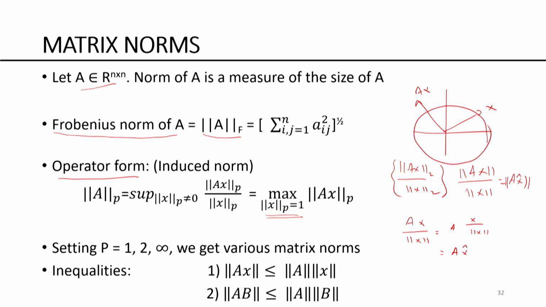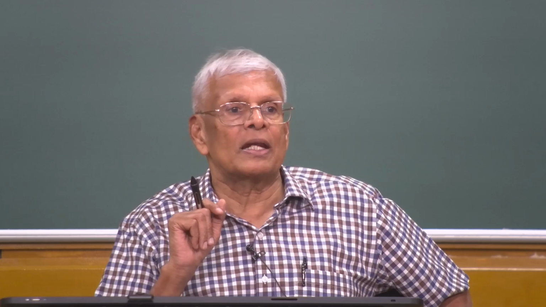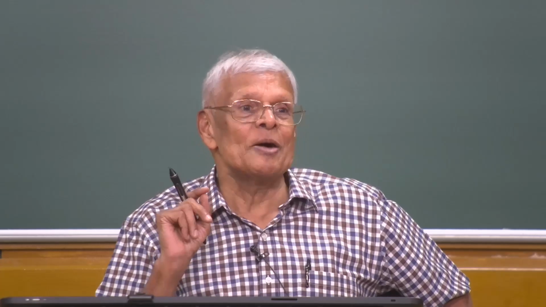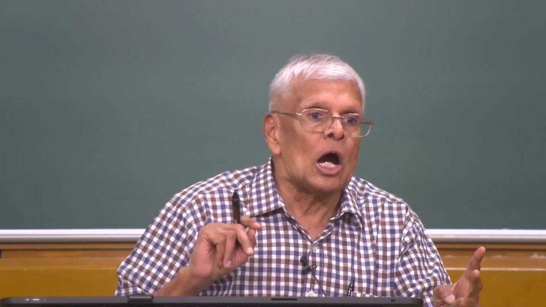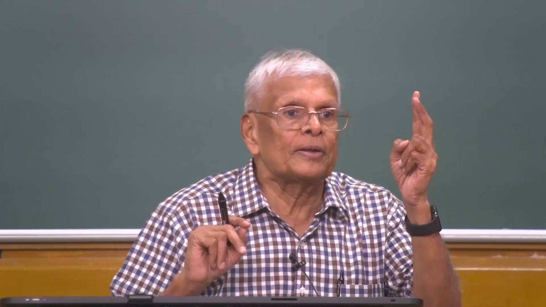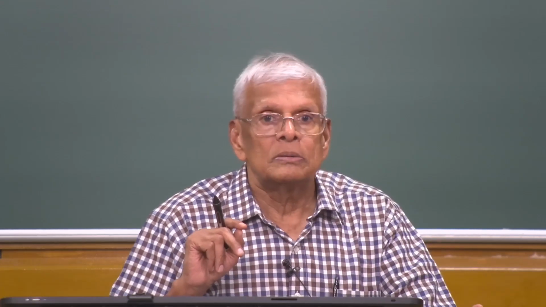You remember the unit circle we talked about? The unit circle shape changes from 2 norm to 1 norm to infinity norm to p norm. So now you can ask how many different types of operator norms there are. For every p there is a norm. I listed the notion of a 2 norm. So operator 2 norm, operator 1 norm, operator infinity norm, everybody.